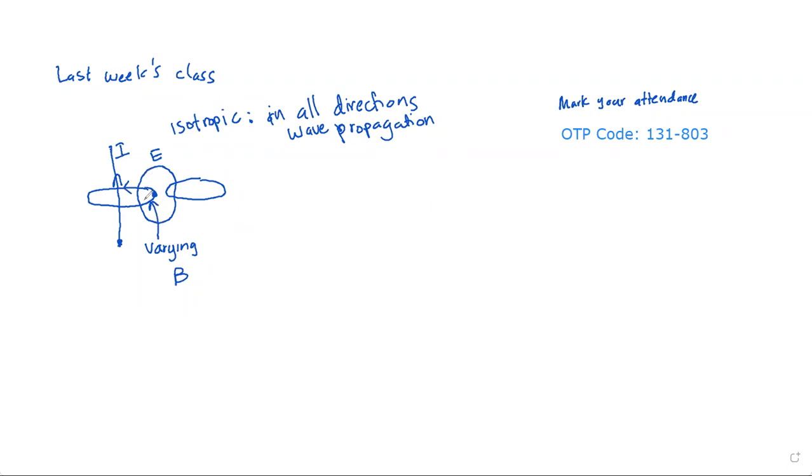According to the specific point we consider here, the magnetic field is going into the paper. Now we need to put the thumb along the magnetic field direction. So we can see the electric field is going in this clockwise direction.